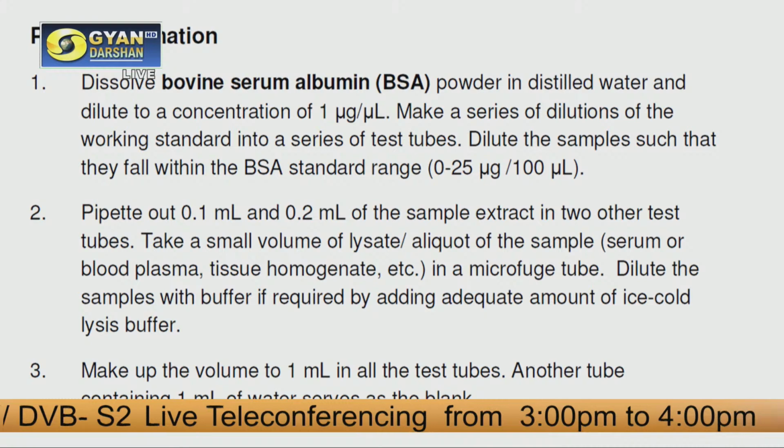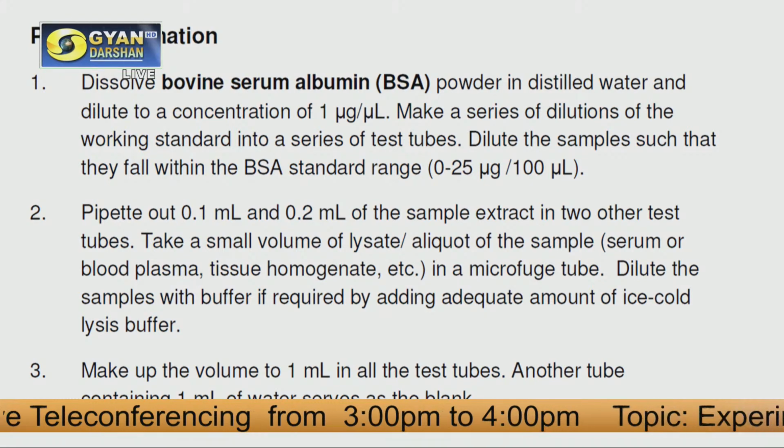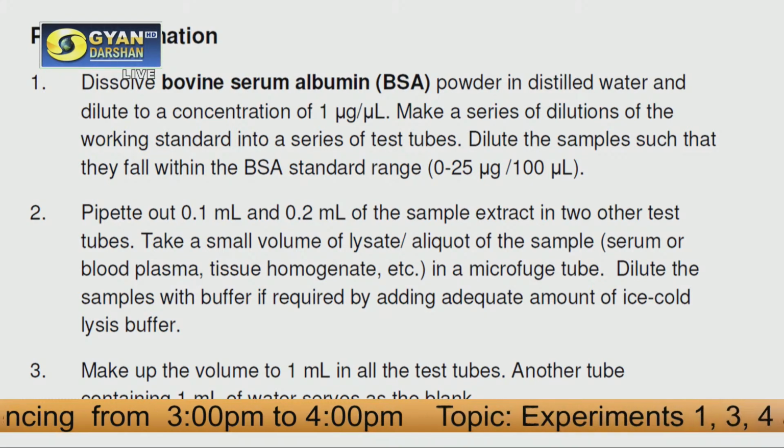Now, protein estimation, because the protein that you have isolated is an unknown protein. If you want to know the concentration of the total protein in your sample, you need a standard. What would be the standard? The standard would be bovine serum albumin.